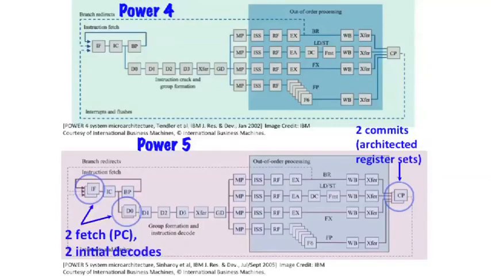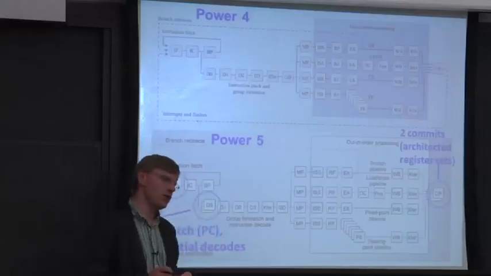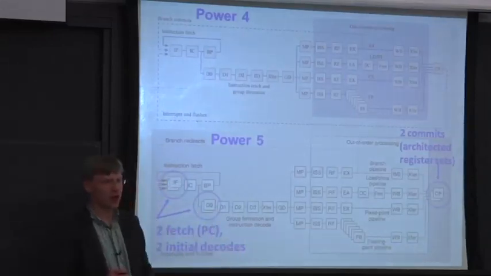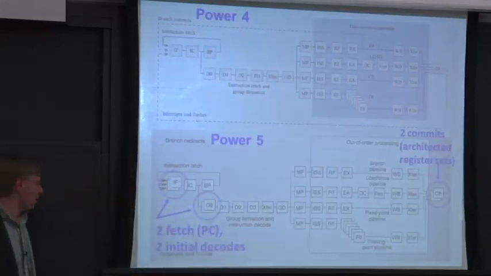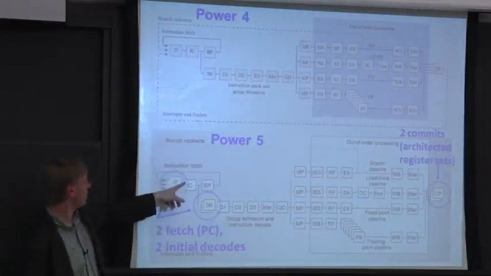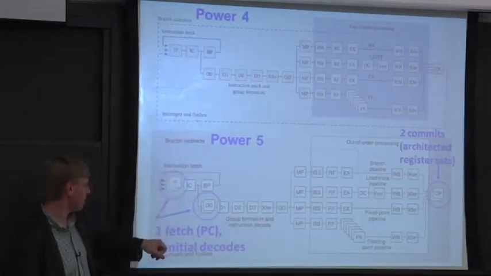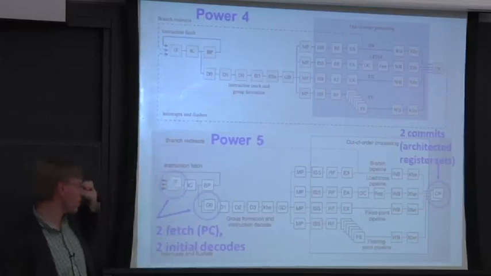So we briefly flew through this at the end of lecture last time, as we talked about the cost of implementing symmetric multi-threading. Conveniently, there's a really good example of this: the Power 4 by IBM and the Power 5 by IBM. They're very similar architectures, except the Power 5 has two-way simultaneous multi-threading, and the Power 4 is almost the same architecture without it. Looking at these two pictures, one of the big things they added is more fetch bandwidth, so you can fetch from two different program counters at the same time.